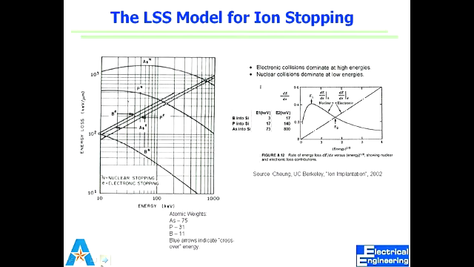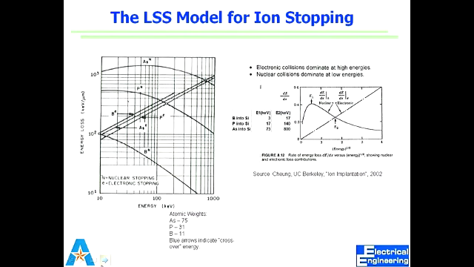So this explains it well, with boron, phosphorus, arsenic going into silicon. So E1, which is nuclear, and E2, which is electronic, have very different behavior for these ions, right?